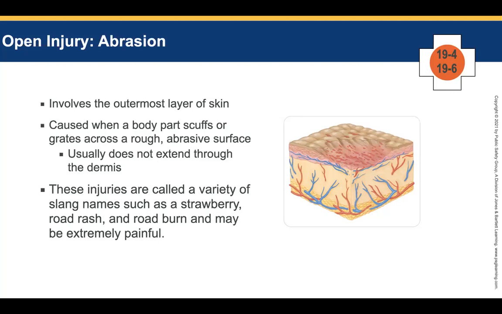And you might see somebody come in complaining about, oh, I feel like I've got this pain on my leg, and you find out they fell down and slid for a ways, and just their clothing rubbing against them, or it did break through their clothing and they were actually sliding on something that caused a minor abrasion. Slang terms: a strawberry, road rash, road burn, we're all familiar with those.